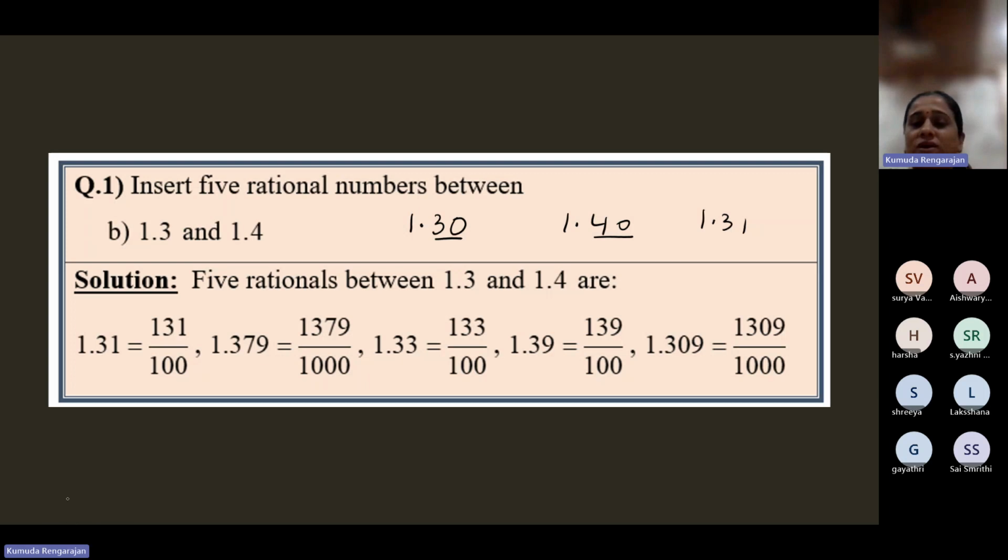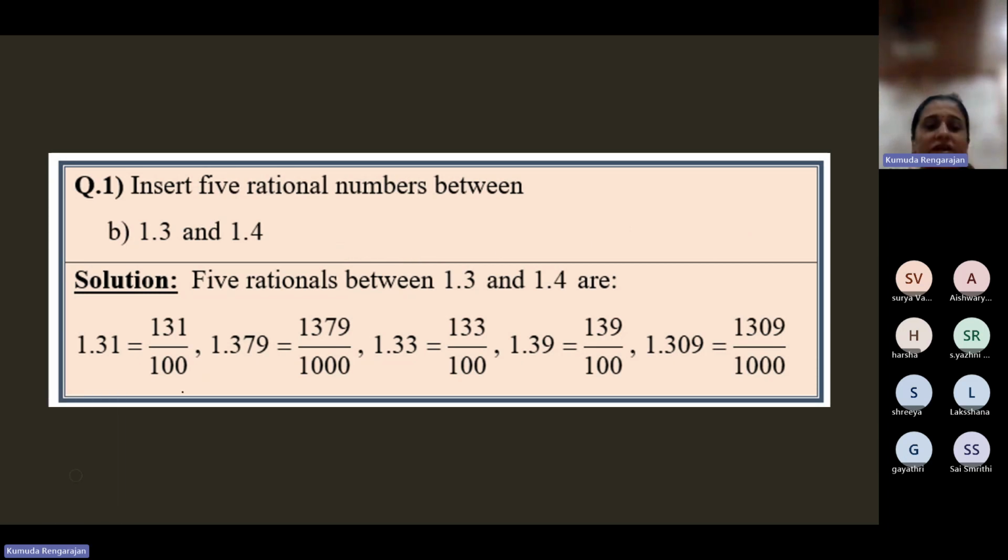1.3 can also be written as 1.30. 1.4 can be written as 1.40. Now the decimal part, 30, 40. And the numbers between 30 and 40: 31, 32, 33, 34, 35. So you can write 1.31, 1.32, 1.33, and so on.